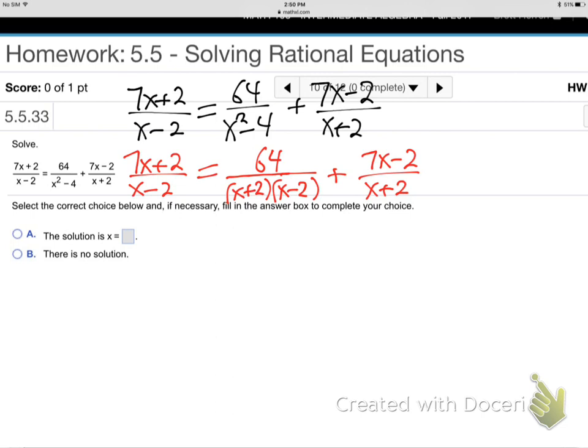One of each. Oh, I like this one. So x squared will drop out on this one. You'll get 7x squared on both sides. It'll drop out.